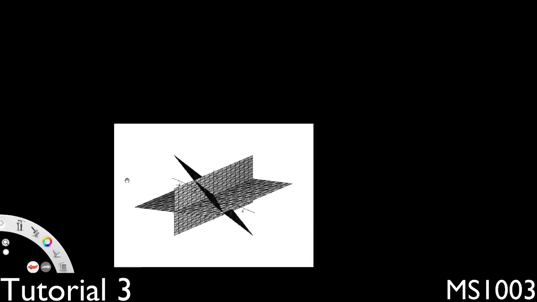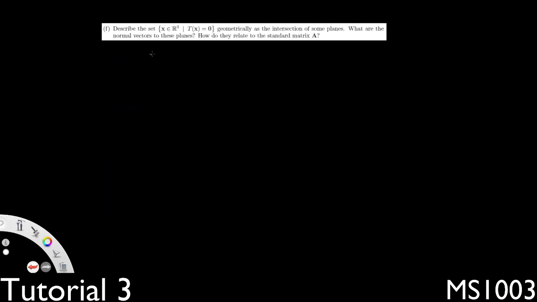Part F is then probably the hardest part, and I'm going to try and show you how to create a pretty picture like this, right? So it wants us to describe the set of all x in 3D space such that when I apply T to that vector, it gives me 0.